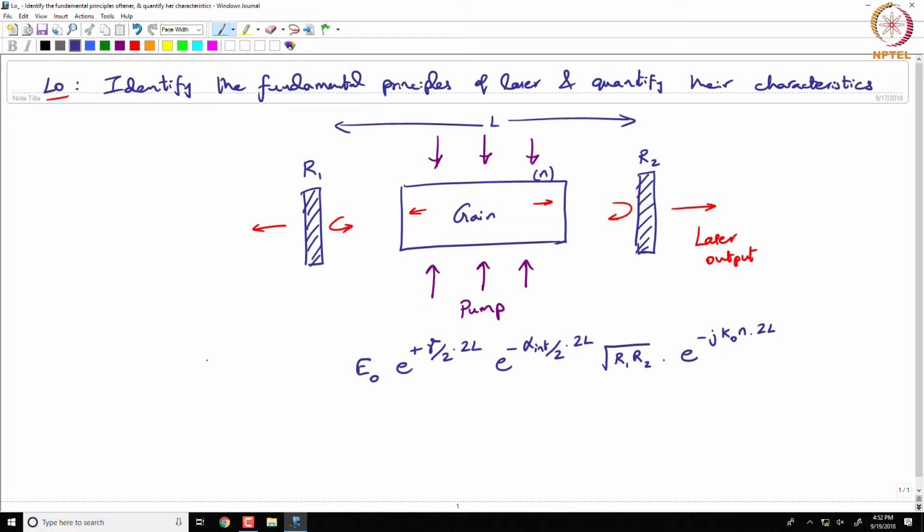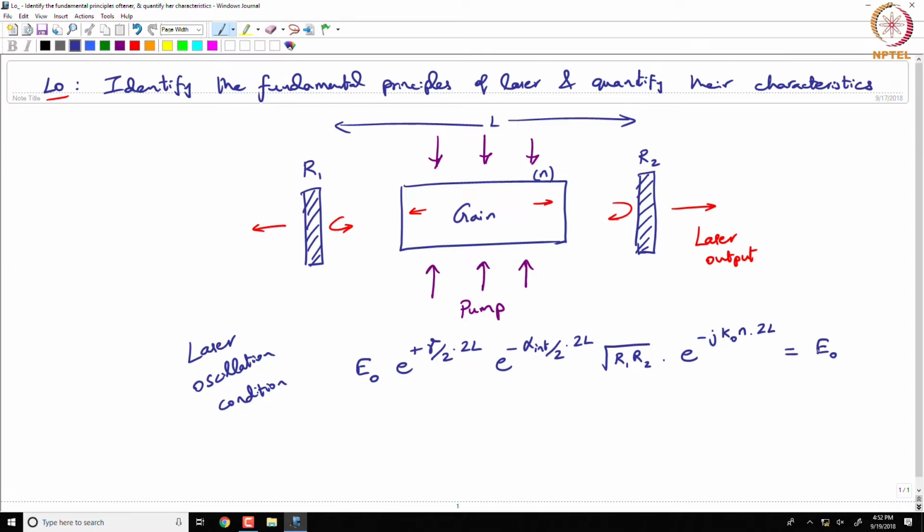Now, laser oscillation is possible. So, the condition for laser oscillation is that this equals to E naught.